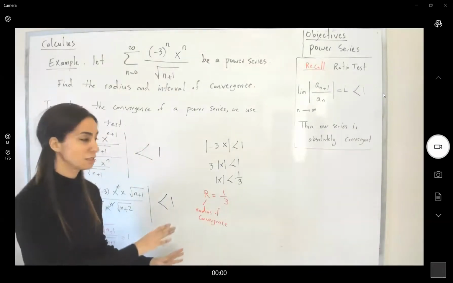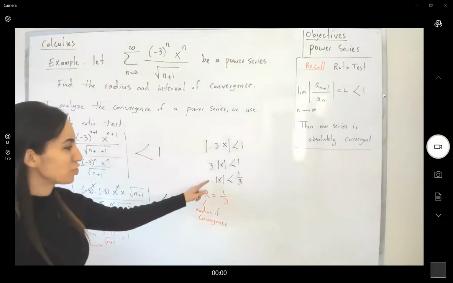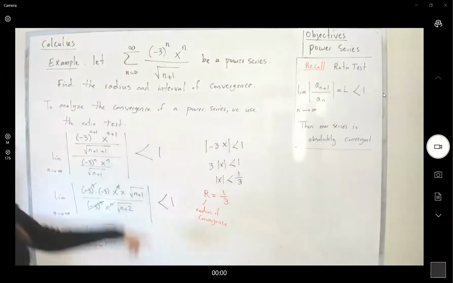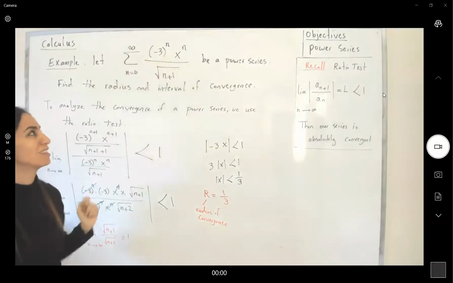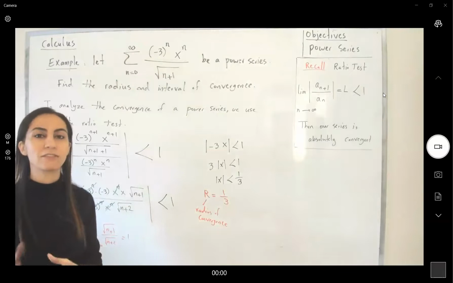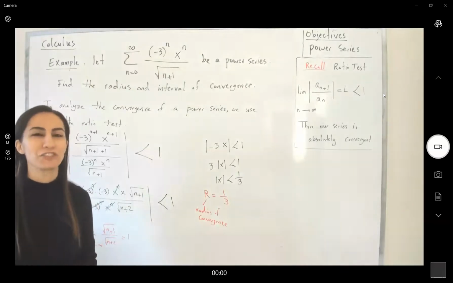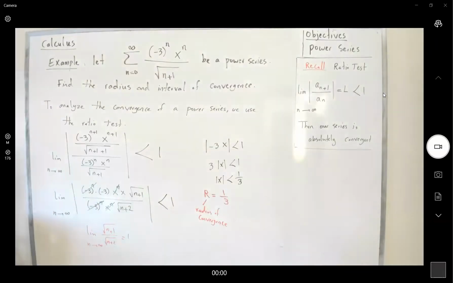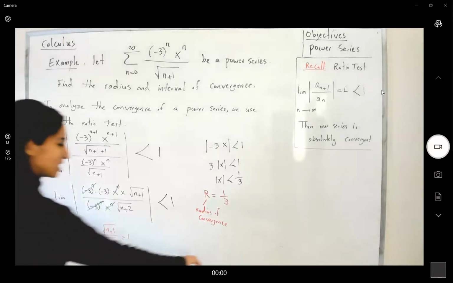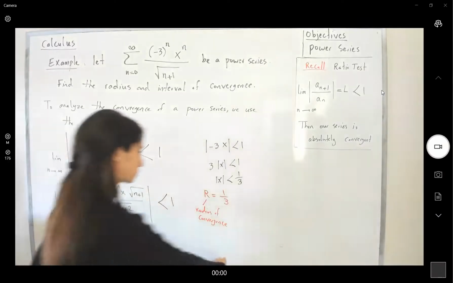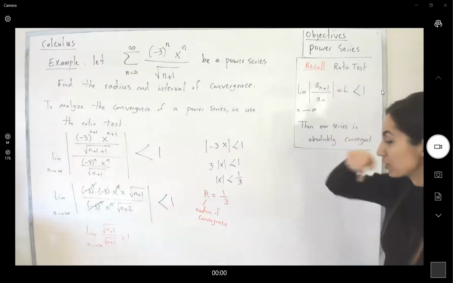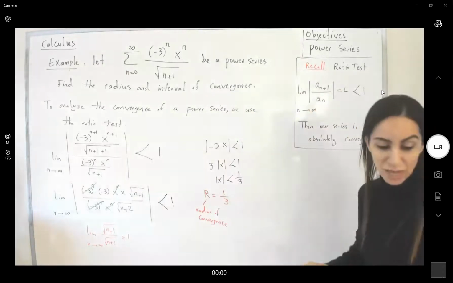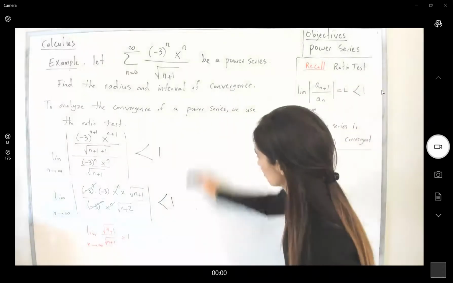We're not done yet. Now we need to check the lower bound and upper bound and substitute that for x in the original series to check to see if you have a convergent or divergent series. So I'm going to plug the lower bound and upper bound into the original power series to analyze the series.